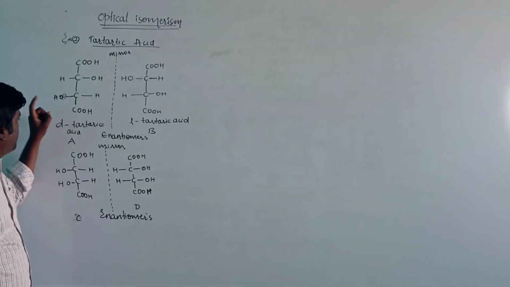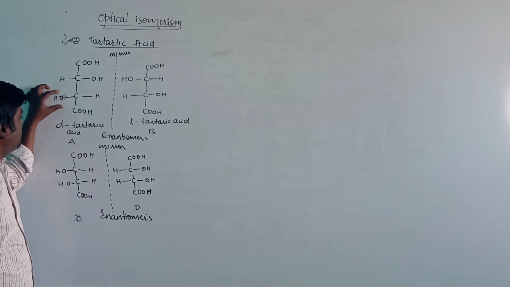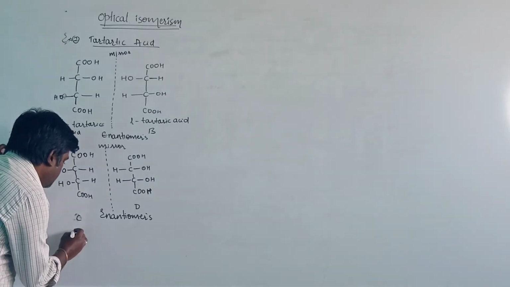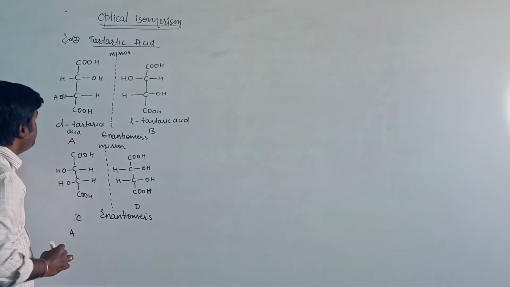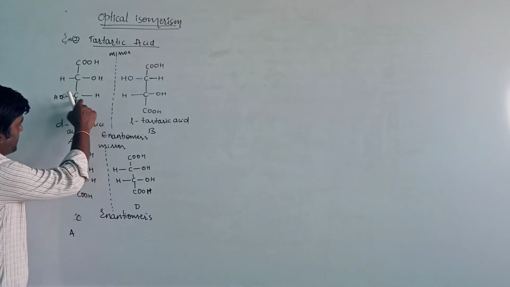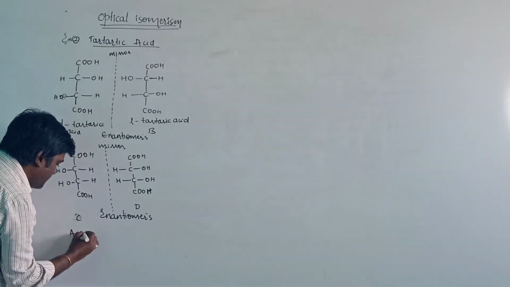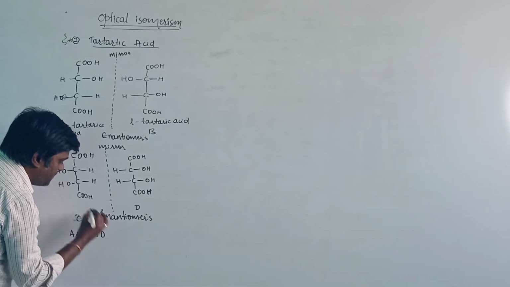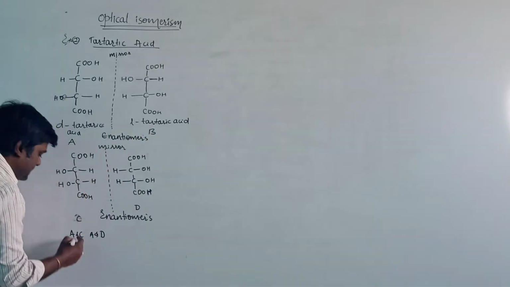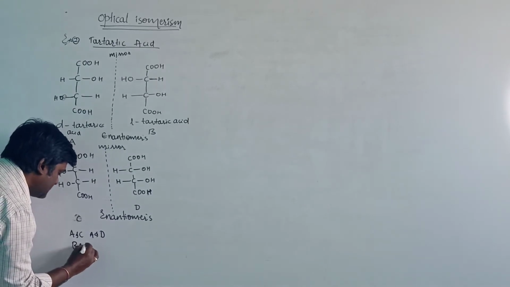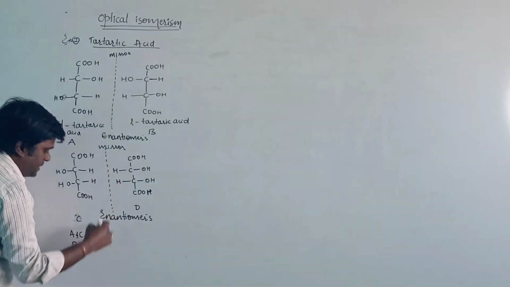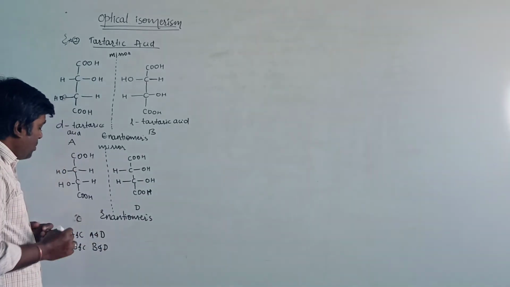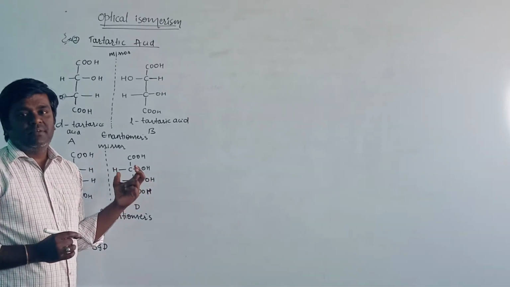When we compare structure A with C, A and D, and B with C, B and D, these are non-mirror images of each other.